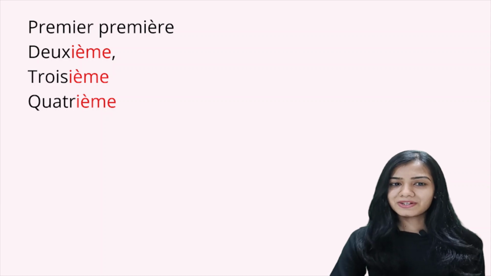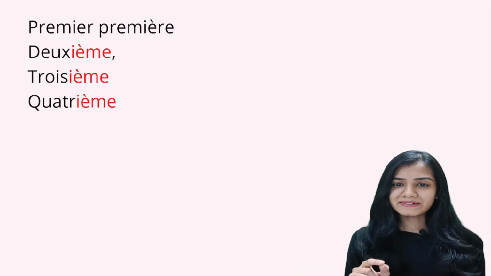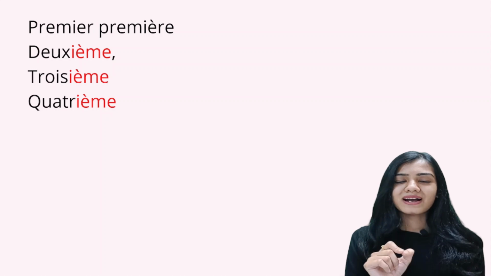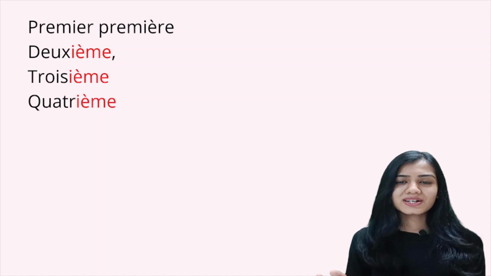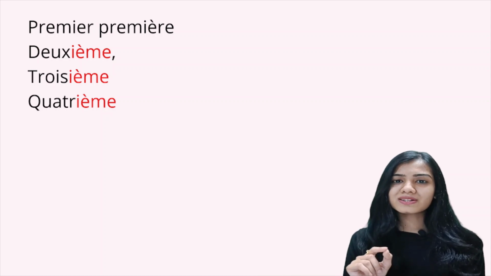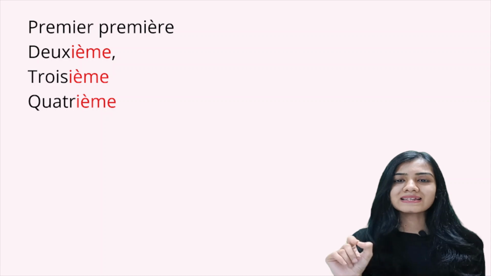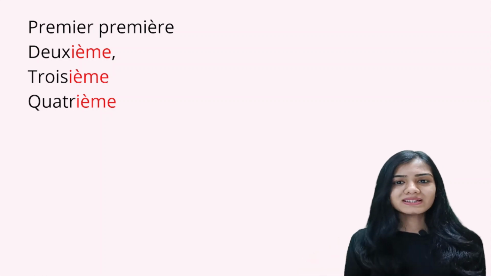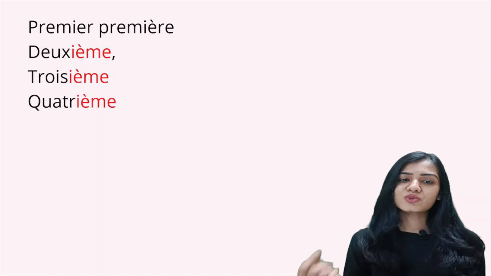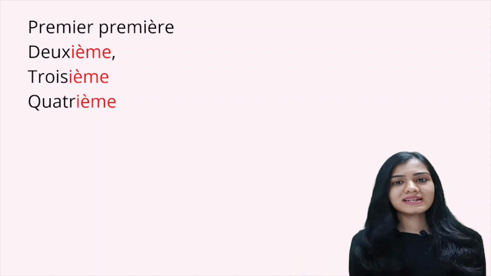Quatrième. So are you observing the pattern? Trois, quatre, it's just the same as how we write 2, 3, 4. Right? The only difference is that towards the end we are adding I, E, M, E. So to make the numbers ordinal, we just have to add I, E, M, E towards the end.